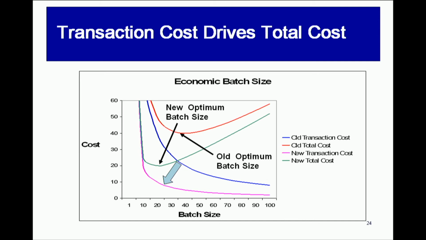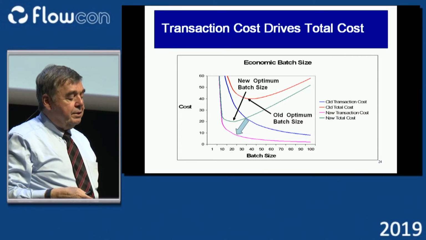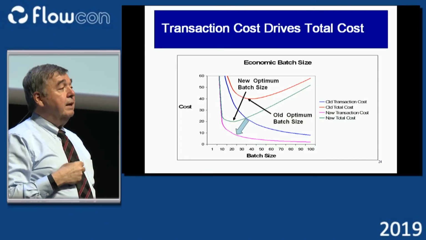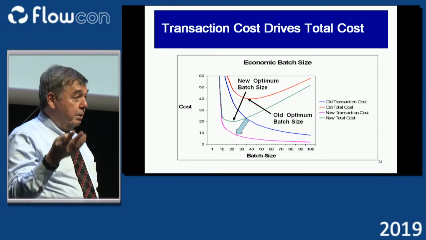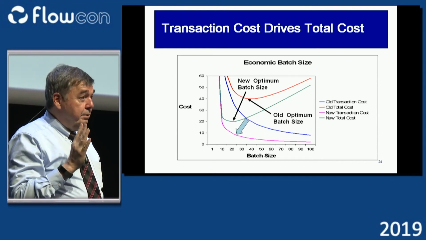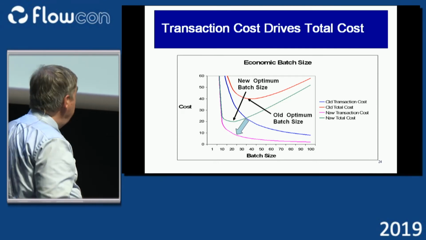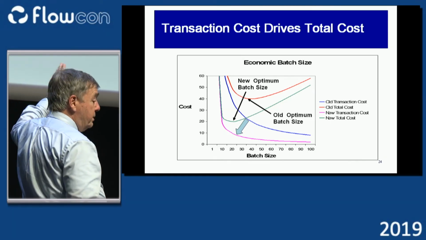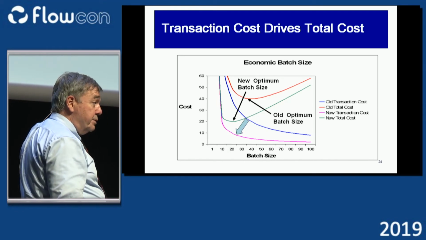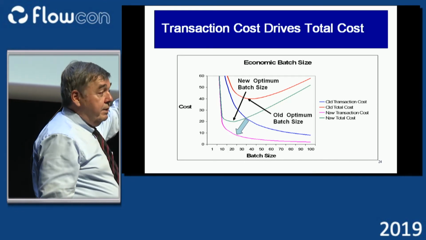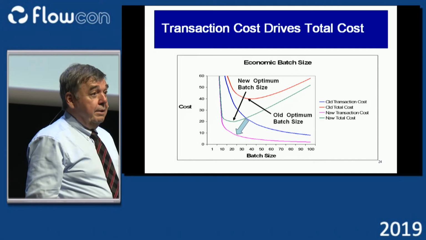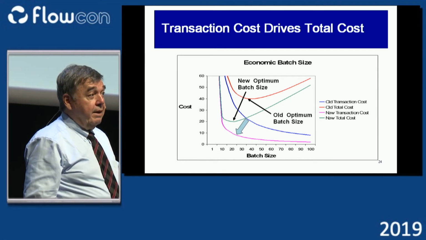That new magenta line is my new transaction cost, and the green line is my new total cost curve. So you see, two things have happened to that total cost graph. One is I have shifted the minimum to the left. That's enabling the small batch size. The other thing I've done is I've pulled down the total cost at the optimum point.